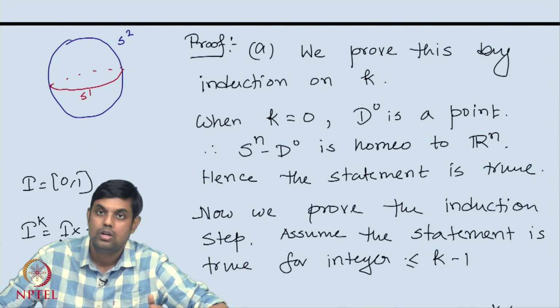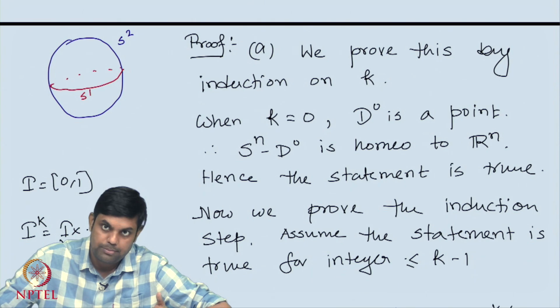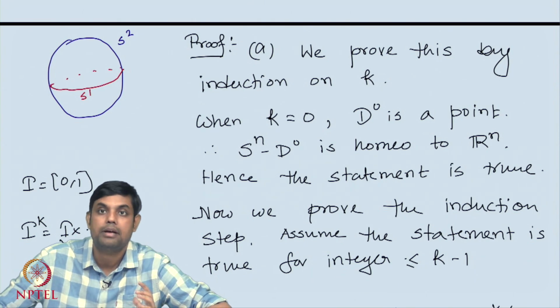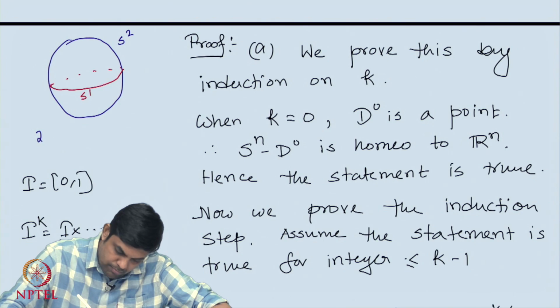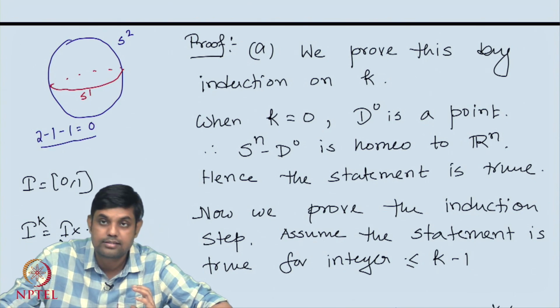On the zeroth reduced homology level, it will be isomorphic to Z, everything else will be 0. Here n minus k minus 1 is 2 minus 1 minus 1, that is 0, there I will get Z, everything else is 0.